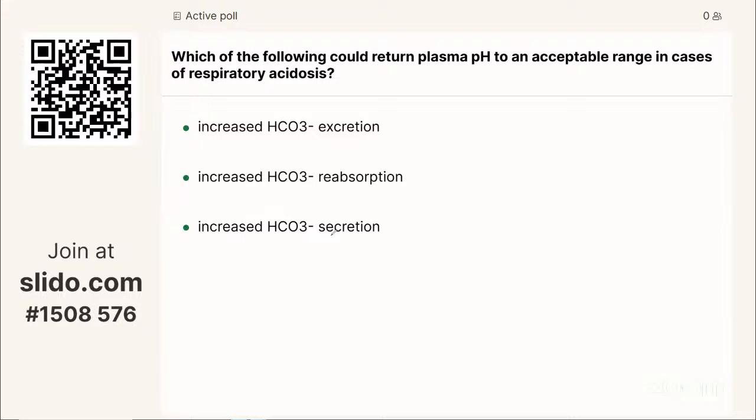Okay. So when we're thinking about kidneys, right, if we have a respiratory problem that's putting us out of balance for our pH in our blood, we're going to try to fix it with the kidneys, right? If it's a breathing problem, we're going to try to fix it with the kidneys. If it's a kidney problem, we're going to try to fix it with our breathing.